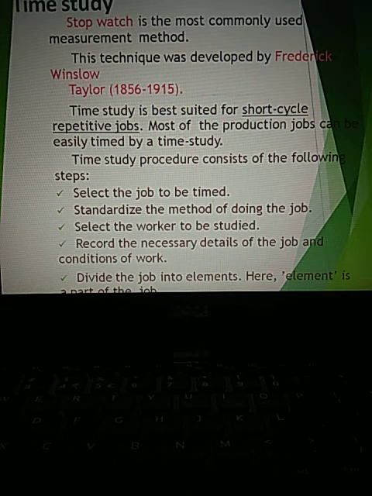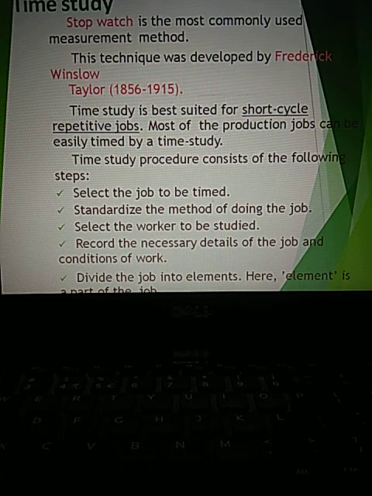How are you going to use this stopwatch? You need to follow the procedure. First, select the job to be timed. You know very well, a job is nothing but the completion of various activities. Standardize the method of doing the job. Select the worker to be studied.